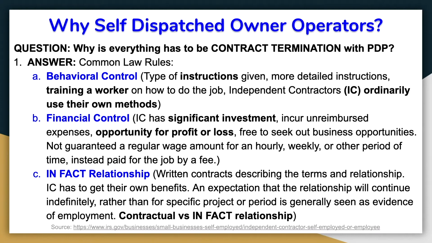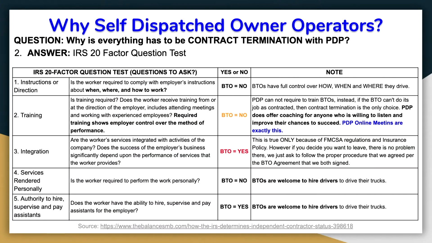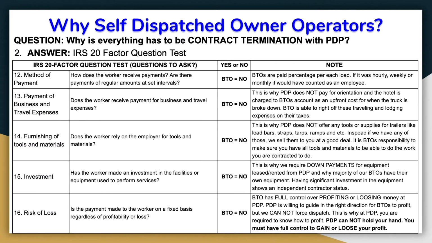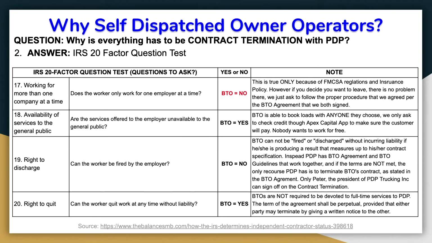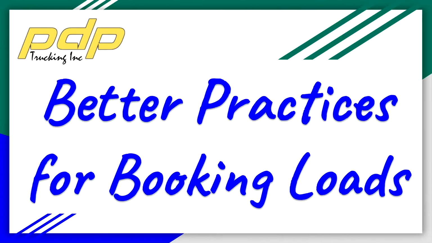Yes, it's our model, but it also has to do with the common law rule in the US, which talks about the behavior of control, the financial control, and the in-fact relationship between PDP and yourself. Also, there's the IRS 20-factor test that we have pretty much passed to the best that we can. If you have any questions about these, just let us know. We can send them to you later on.